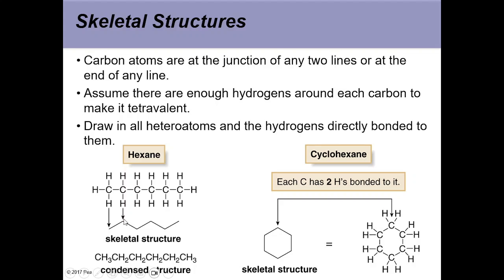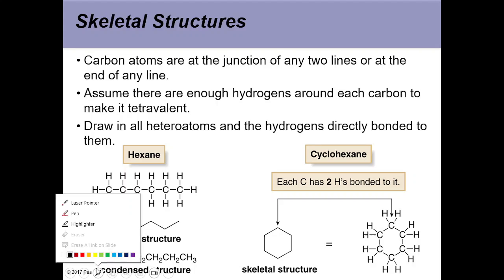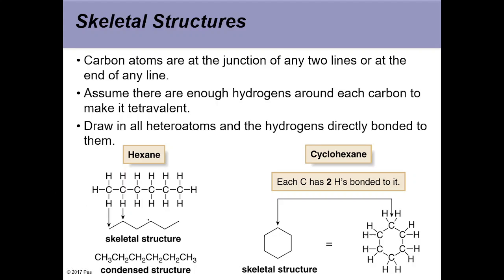Similarly, for the junction carbons, or the carbons in the middle, which already have 2 carbon-carbon bonds, here and here, you would only need 2 more hydrogens to complete the 4 bonds. So on this kind of carbon, there will be 2 hydrogens. So if you really want to complete the structure, it would look like this.